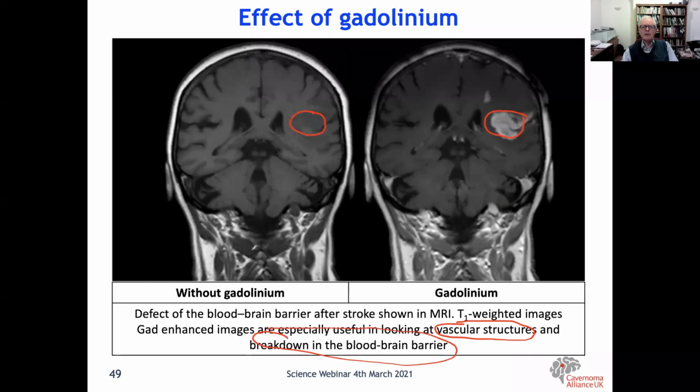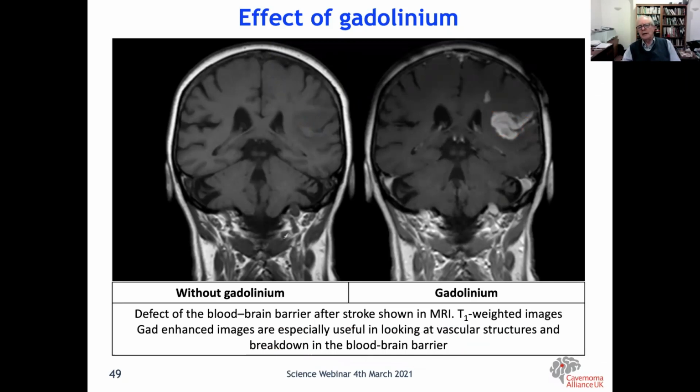Those of you who've been to earlier webinars know that a big difference between the cells of the blood capillary wall in people without cavernoma and people with is that the cells of the capillary wall are held together by tight junctions, and where you have a cavernoma, those tight junctions are lost, and that's the breakdown of the blood-brain barrier.